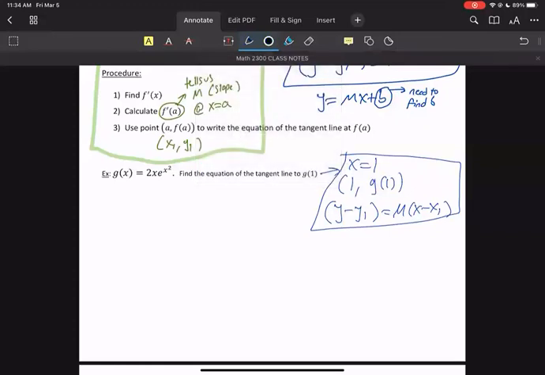I'm just going to slowly write it down if you want to check your work, but you really should have a decent idea how to do this by now.